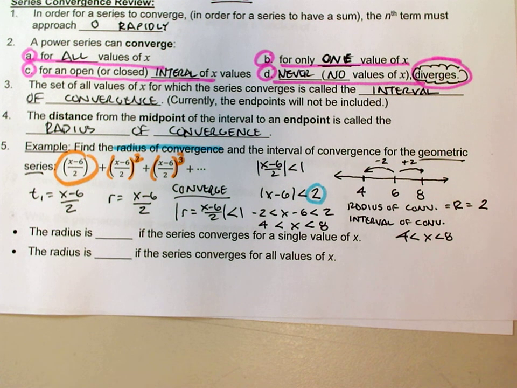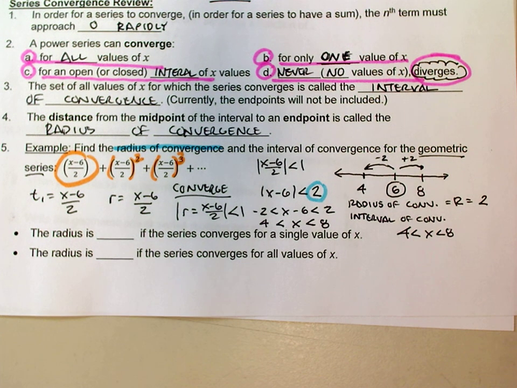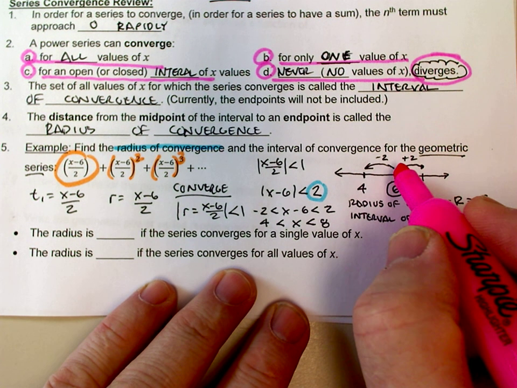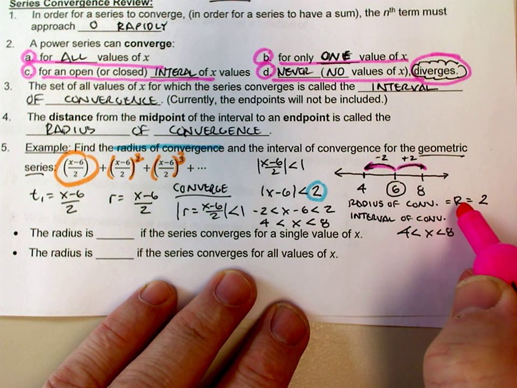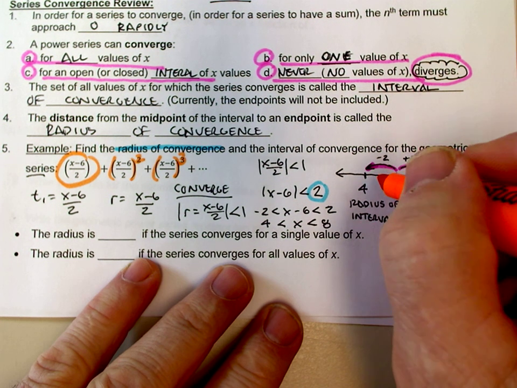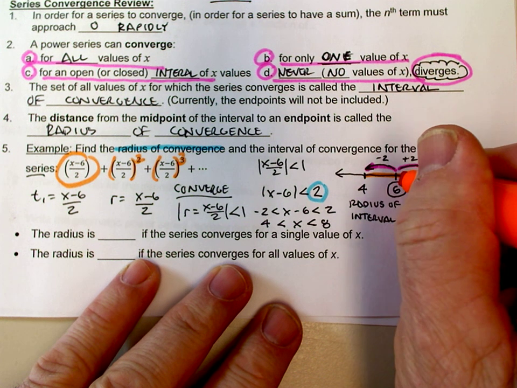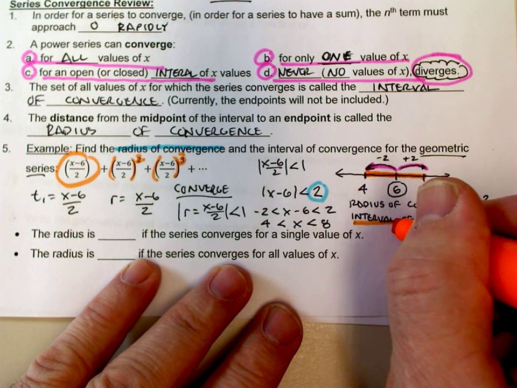You can see that we are centered here at 6, and our radius of convergence would be 2 this way and 2 that way, and our interval of convergence is between 4 and 8. That's an interval.